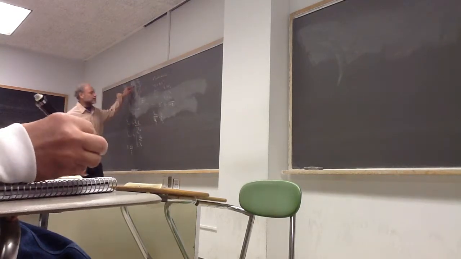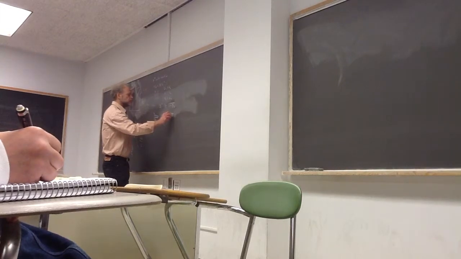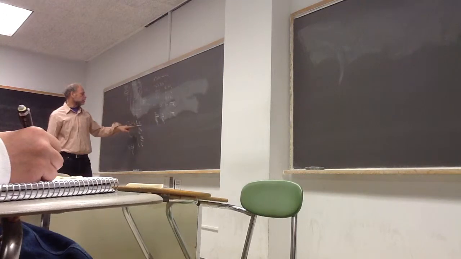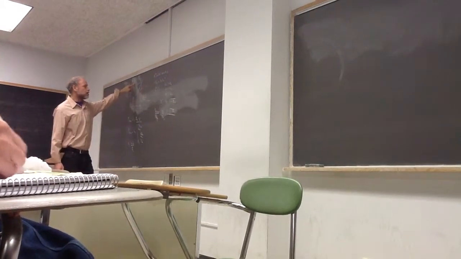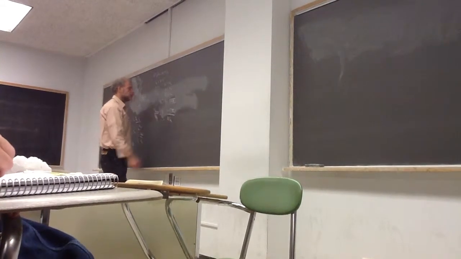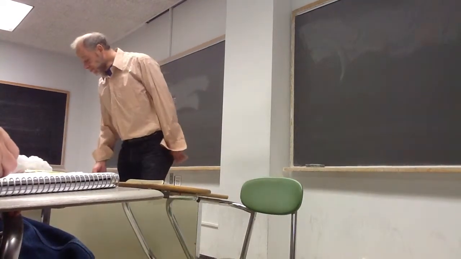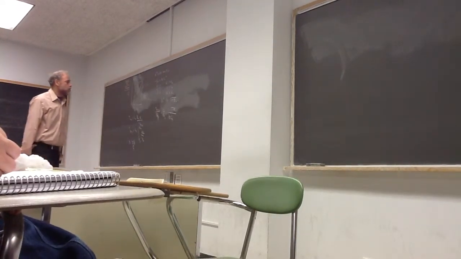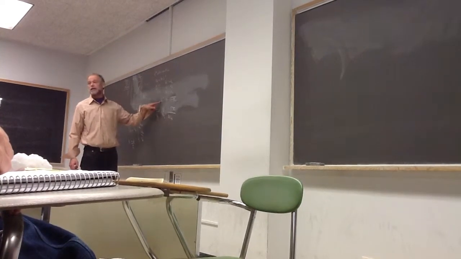X out of the first reactor is x1, which we said is 1 minus the square root of 1 minus x2, divided by minus RA there. So minus RA is k times CA0 times 1 minus XA.